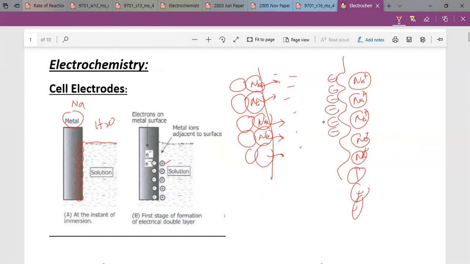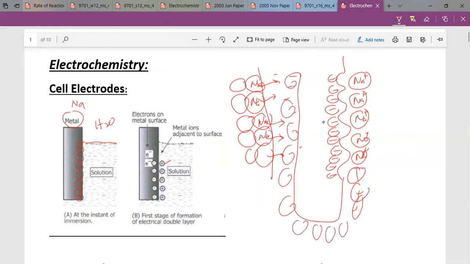So on the surface of this metal here, all along here, two layers are created, okay? They call it a double electric layer, right? So it says here, first stage of formation of double electric layer.